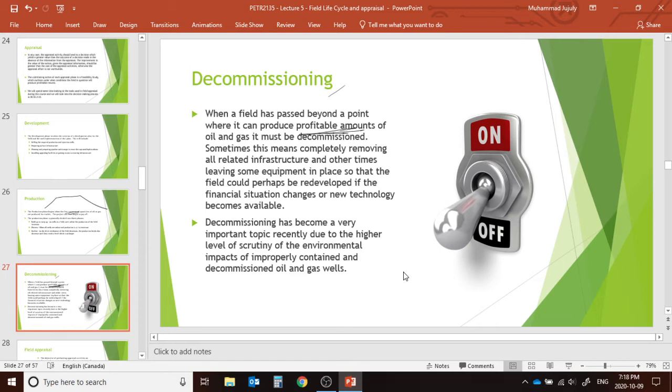Sometimes this means completely removing all related infrastructure, and other times it means leaving some equipment in place so that if we plan to drill other oil wells, we can utilize it, or we can redevelop the oil again if the financial situation changes or new technologies become available. One example would be the tar sand. Now we have new technologies like SAG-D.